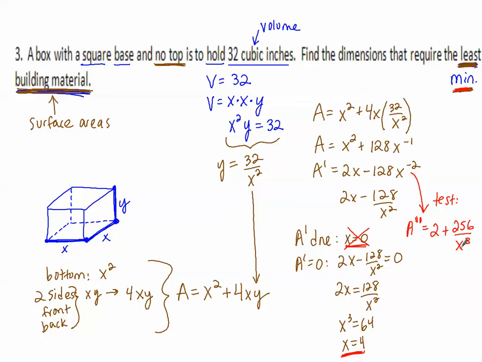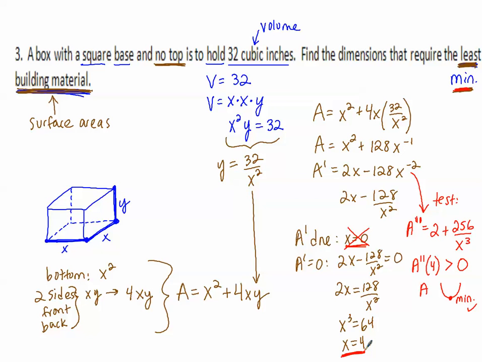Now this time there's still an x in there, so I don't know if it's positive or negative, but if I plug in my 4, A double prime with 4 plugged in is going to be positive. So the second derivative will be positive, which means A is concave up, and concave up does give me a relative minimum. So according to the test, at x equals 4 is where I have a relative minimum.